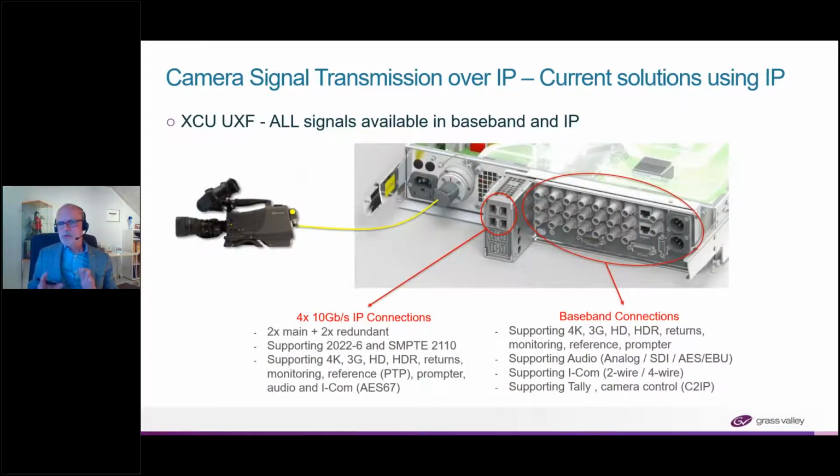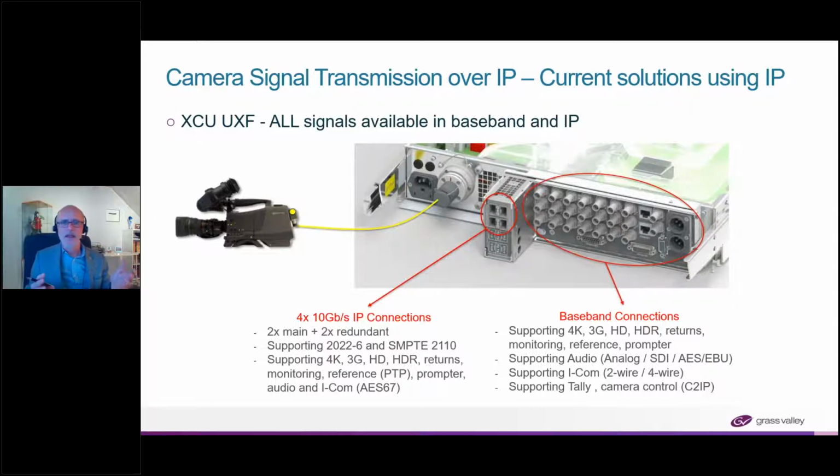Around two or three years ago, we introduced a second generation of this cradle, which, in addition to all the baseband connections, which are still available as you see them here on the right, had additional connectivity here in the middle, which is the IP bay. In the IP bay, you can put up to four SFP+ modules. They can be four times 10 gig IP SFPs.